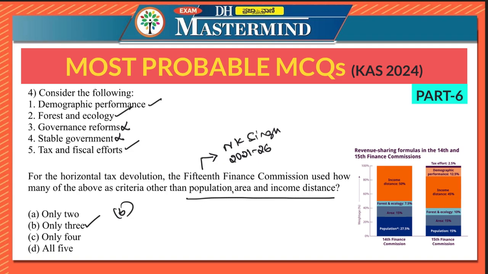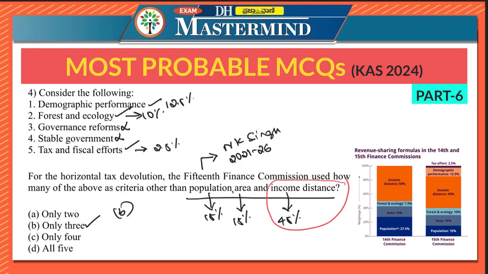Population has 15% weightage, area also 15%, income distance 45%, demographic performance 12.5%, forest and ecology 10%, and tax and fiscal efforts 2.5%. So the highest is income distance while the lowest is tax and fiscal efforts.